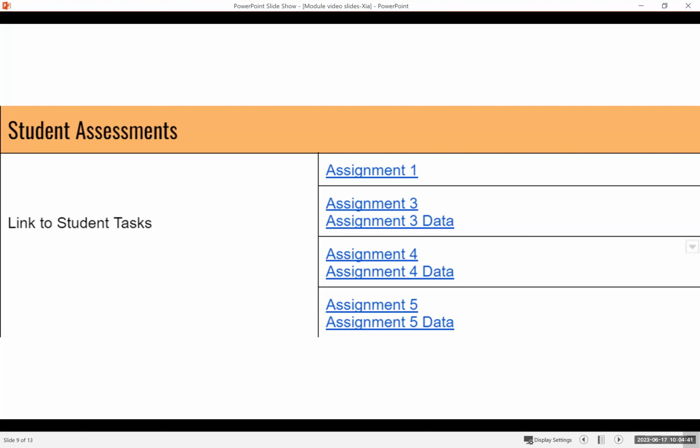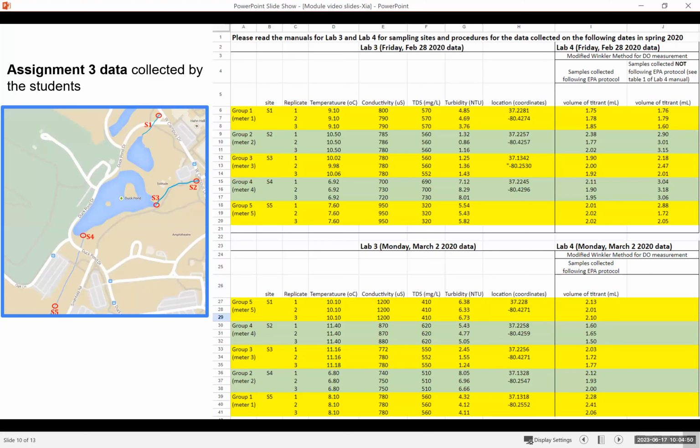And then the data set is given to the students, along with a number of questions. And here is an example of their testing results for conductivity, total dissolved solids, and turbidity at 5 sites of our retention pond, from inlet to outlet and downstream. So the data set from different groups is compiled into the super data set.